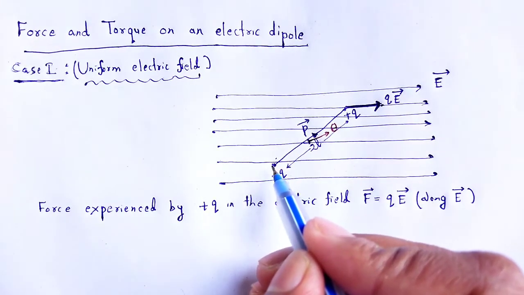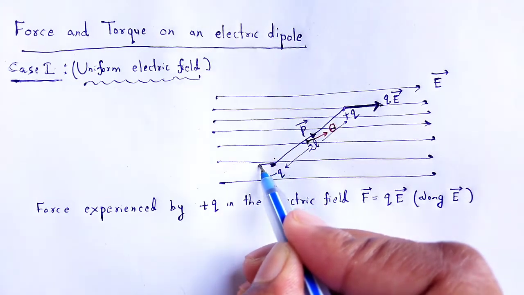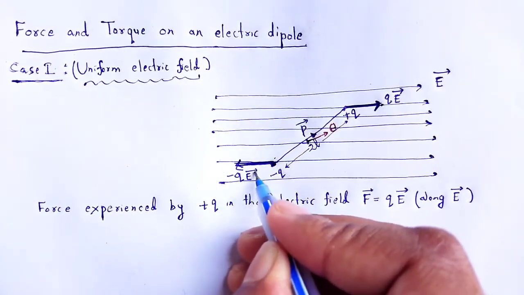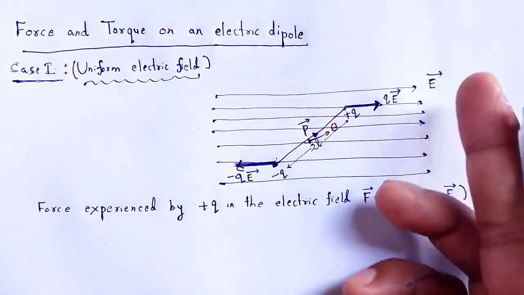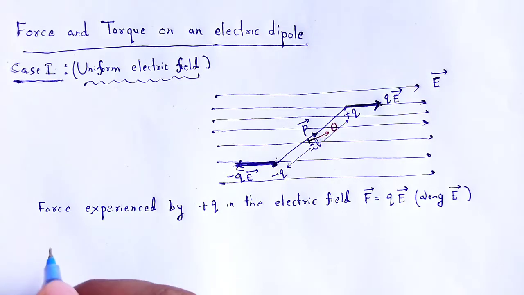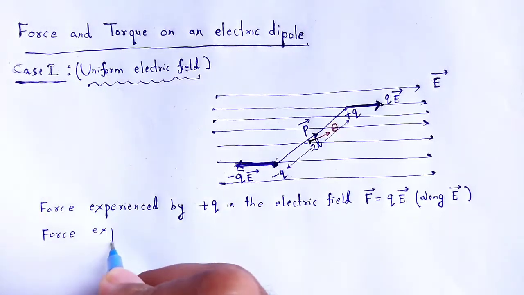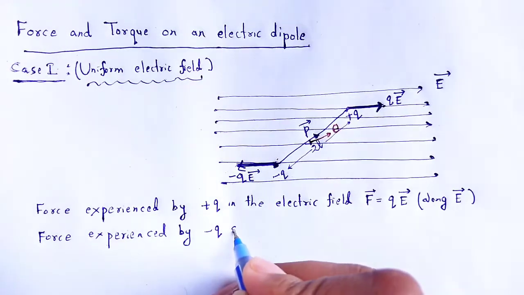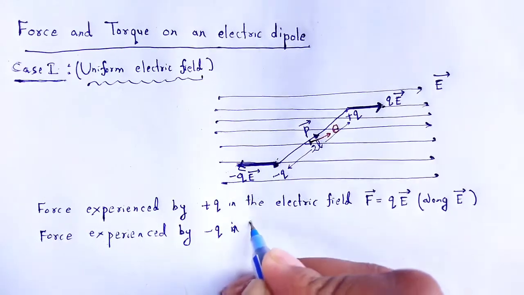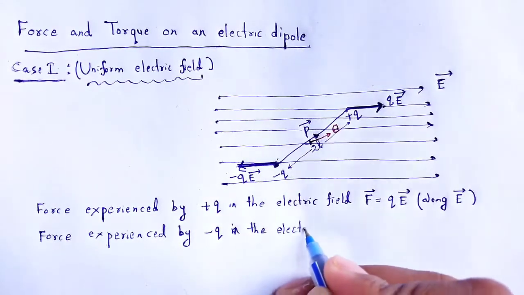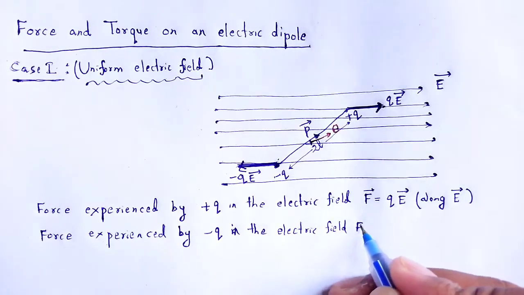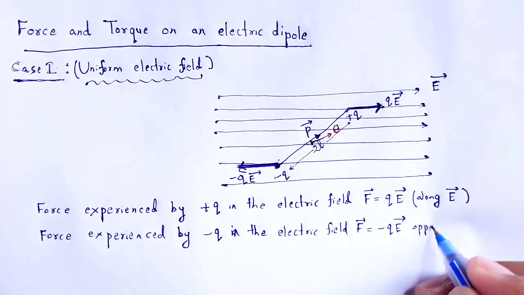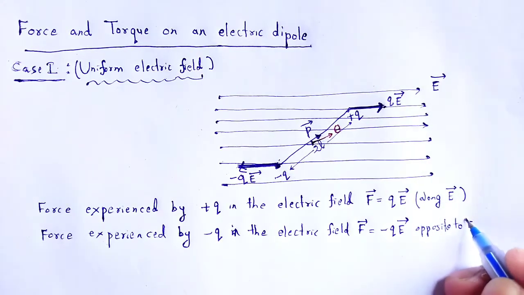Again, the force experienced by the negative charge minus q in the electric field is minus qE, and its direction is opposite to the electric field E vector.